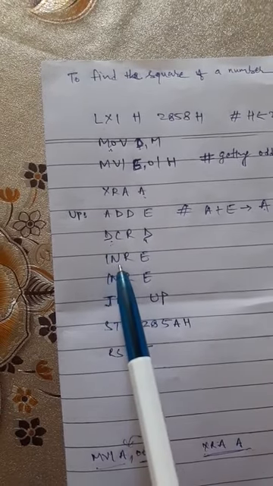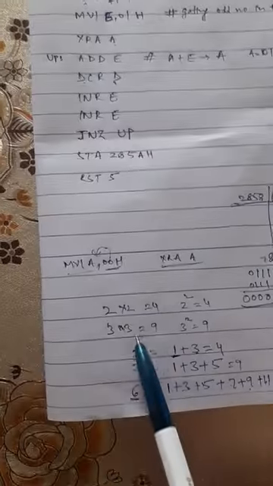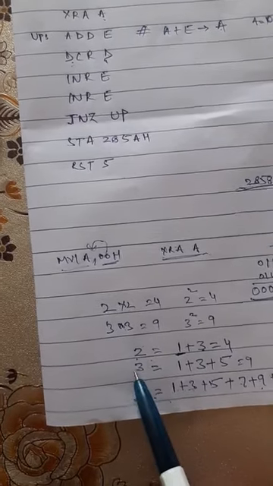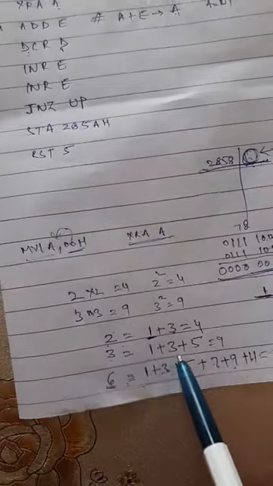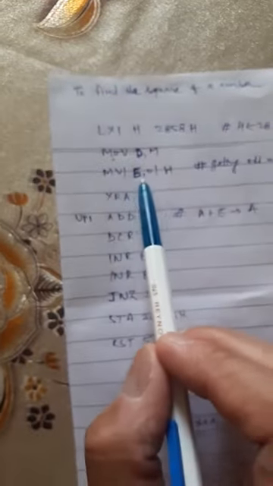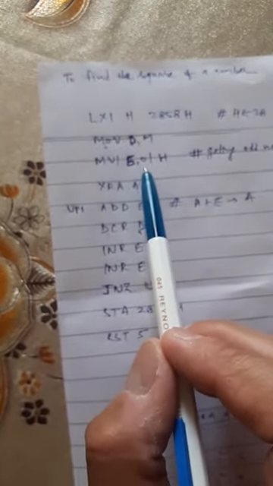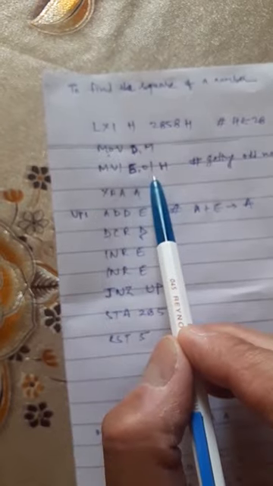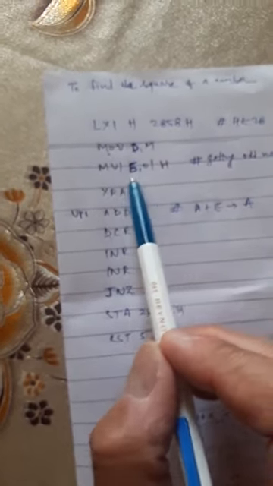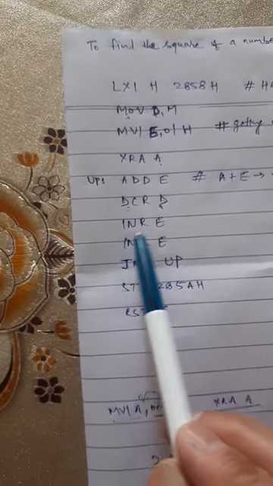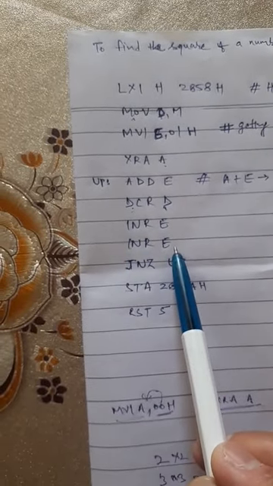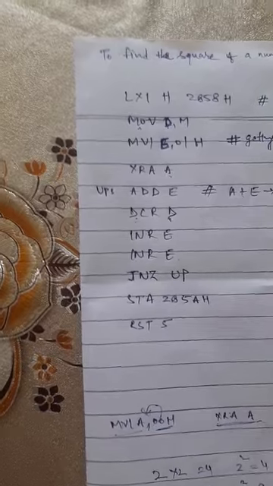Then what we will do: here we want to add, suppose we want to find out the square of 3, then we need to add 3 odd numbers. So the first odd number we have moved into the E register directly by putting this instruction MVI E, 01H. So now E is having 1. Then after decrementing this, what I have written is INR E, twice. Why 2 times INR E? Because I want the next odd number.